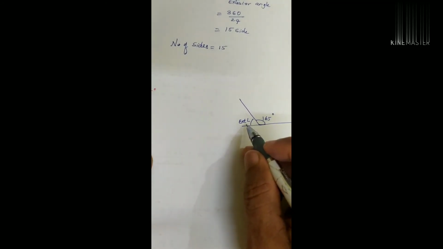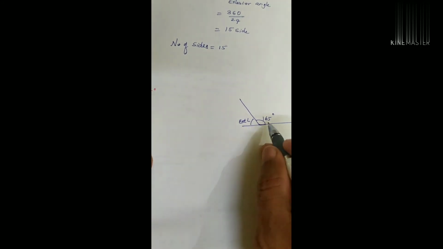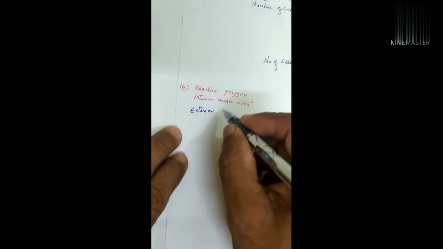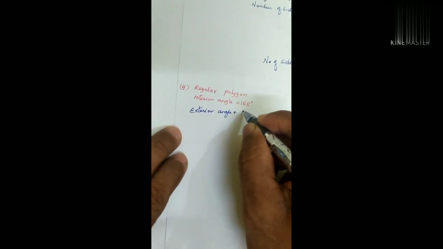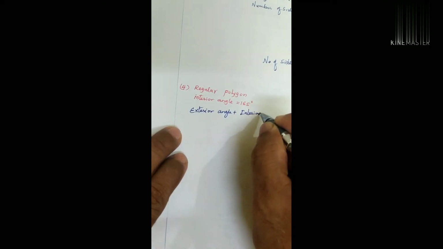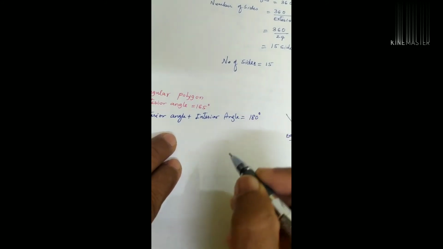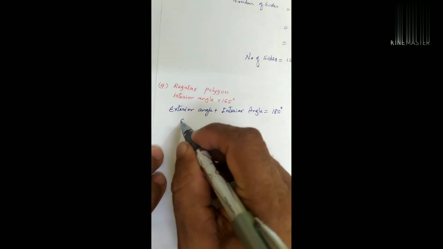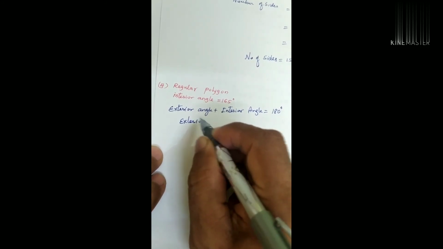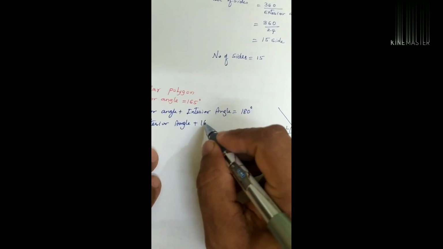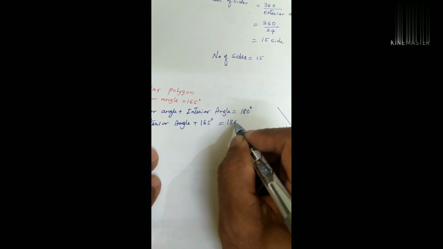Now interior and exterior angle form a linear pair. So this interior angle plus exterior angle will be 180. So exterior angle plus interior angle will be equal to 180 degrees. So exterior angle plus 165 is 180 degrees.